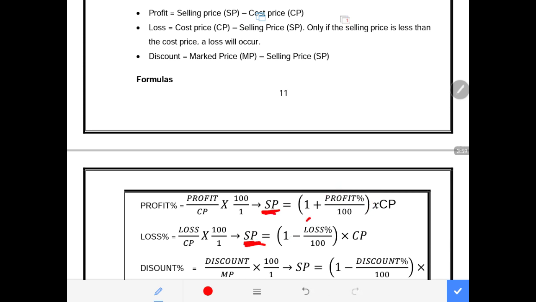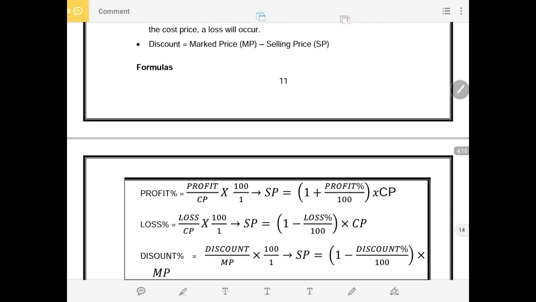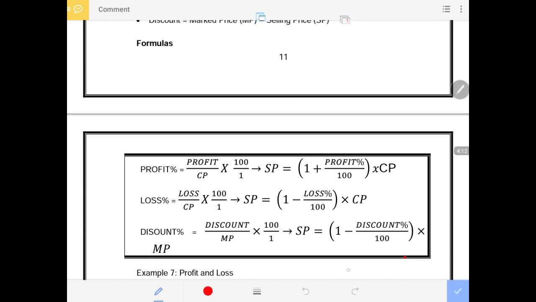We say 1 minus the loss percentage, multiply it by the cost price. Then that will give us the selling price if there is a loss that has been made on the sale of that item. Meaning now obviously this selling price will be less than the cost price of an item.